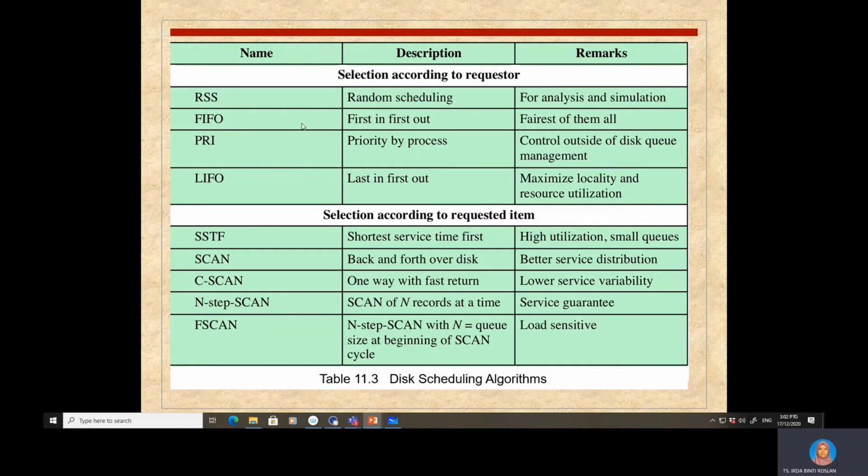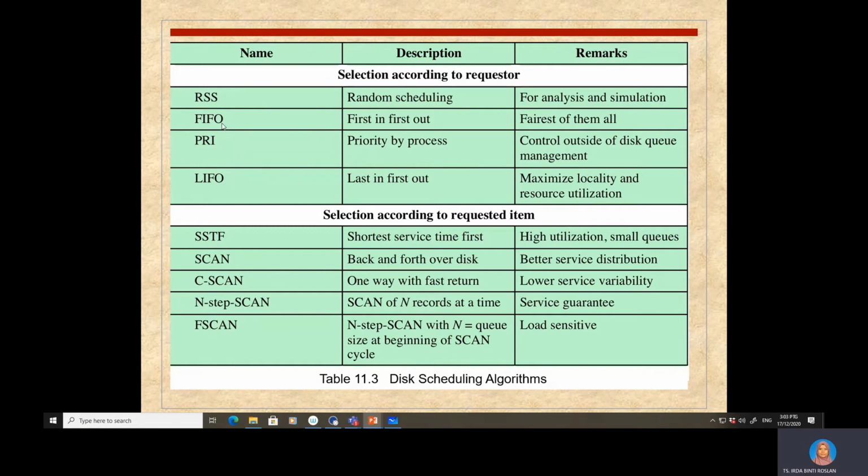The ones we will discuss in this lecture are FIFO. We will just look briefly at PRI, the priority, SSTF, scan and CScan. So FIFO falls under selection according to requester.